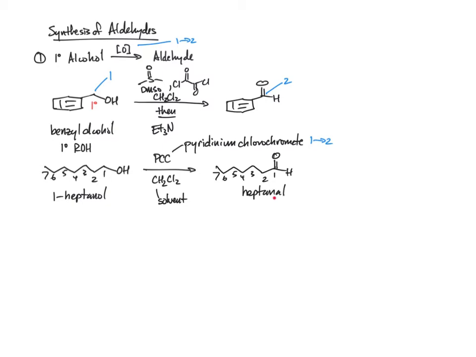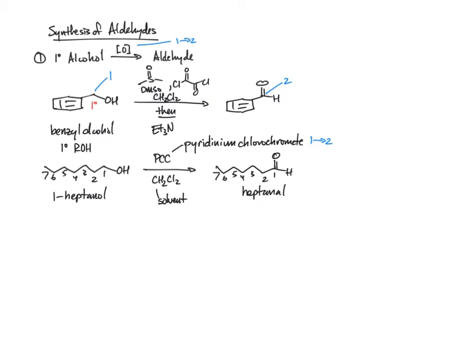So notice for an aldehyde, you do not have to specify the position it's at because it has to be at the terminal. That's the definition of an aldehyde. So again, we've done an oxidation. We count 1 bond. Here we count 1, 2. That's what we mean by this 1, 2 here.